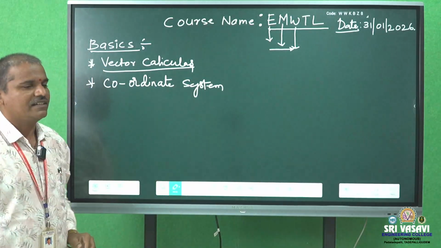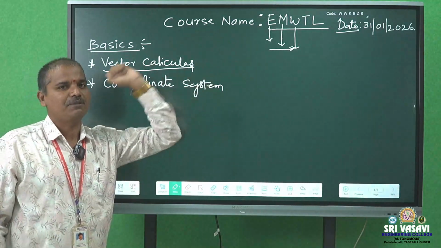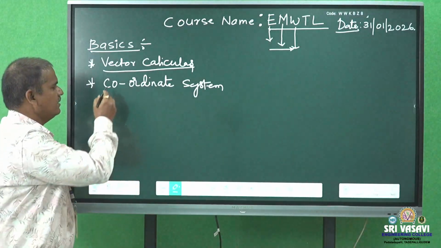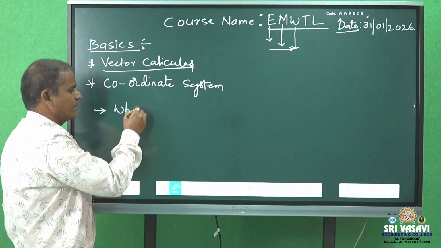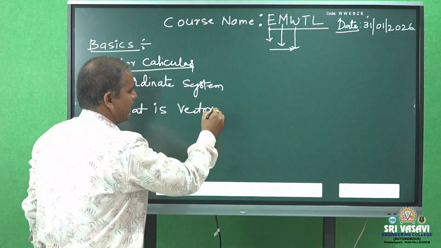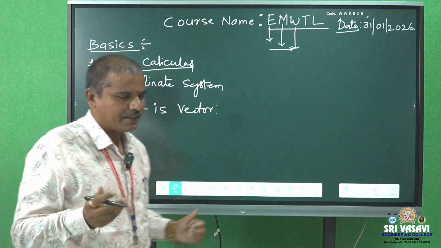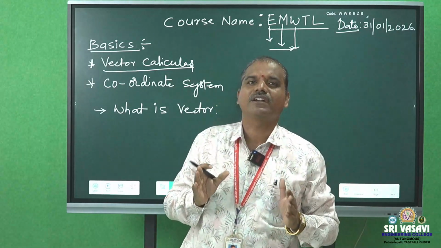In vector calculus, we discuss some basic fundamental concepts which are very helpful for understanding EMTL. First, what is a vector? We have many definitions, like a vector is a quantity which has both magnitude and direction.